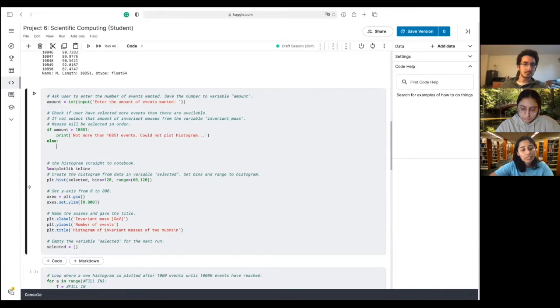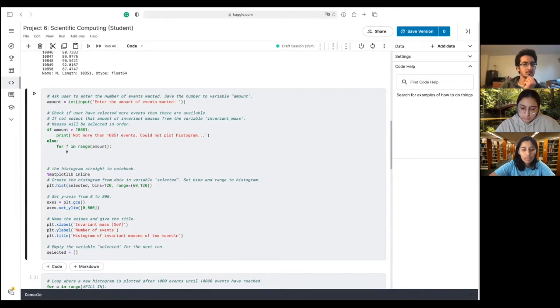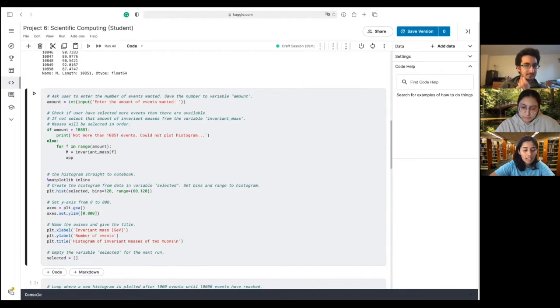For this, we iterate over each of the events that the user asks for. So for i in range(amount), because that is what the user is asking for, M is equal to the invariant mass of the event, and then we append M to selected.